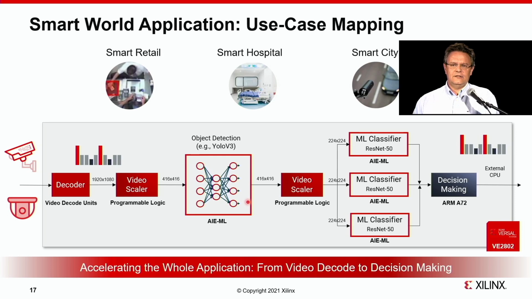Once we have detected the objects in the image, there is another video scaler that is required to feed these images to the multiple instances of a classification network, like in this example, ResNet50. You can see that there is a change in the input resolution from 416 times 416 to 224 times 224.